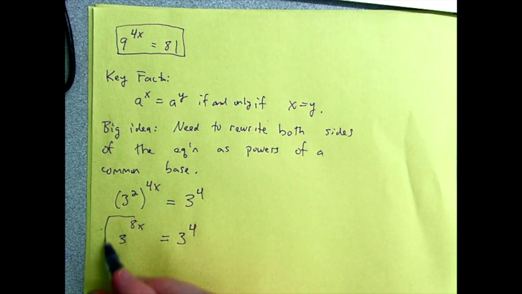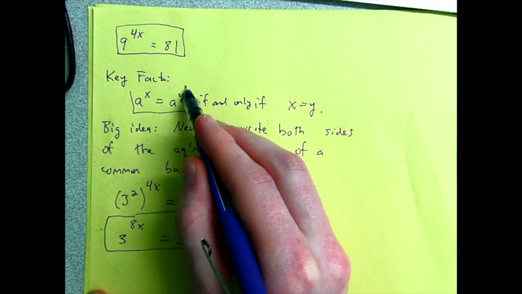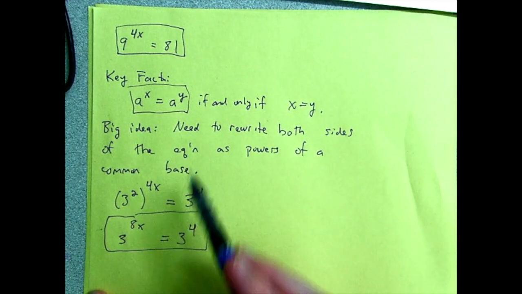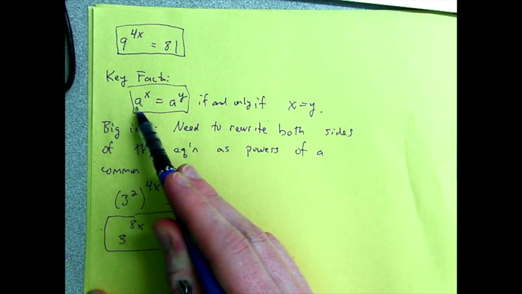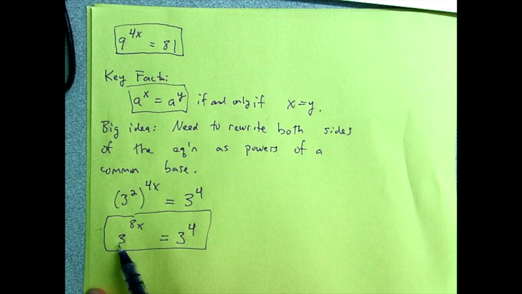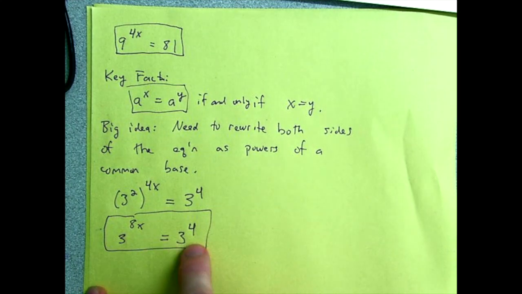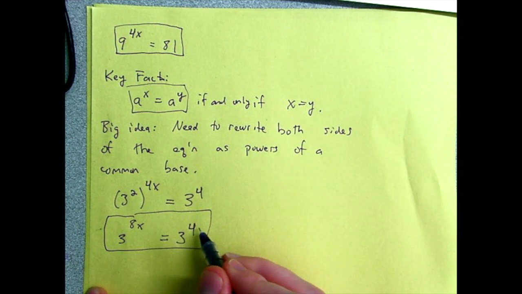This equation here is now in exactly this form. It is a number raised to something equals that same number raised to something else. It's 3 to the something equals 3 to the something else. And this key fact tells us that the only way that this can happen is if the two exponents are actually equal to each other.